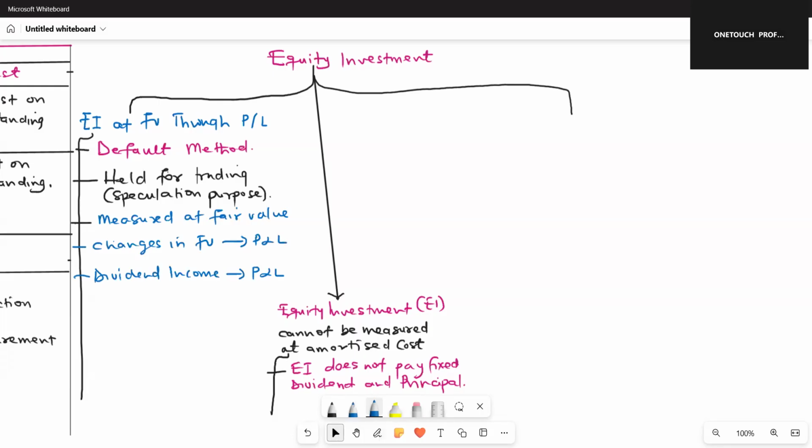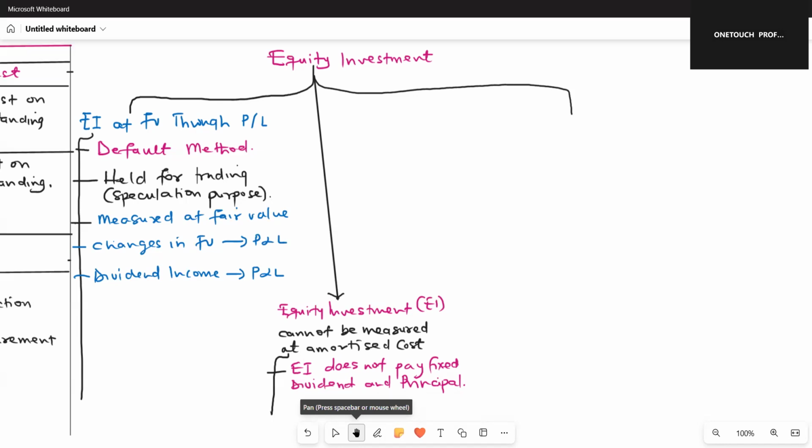Now, under what condition will it be at fair value through OCI? Let me set the first tone. Once you buy shares, whether it is for trading or not, it can be treated under fair value through P&L. If it's held for trading, then it's compulsory.